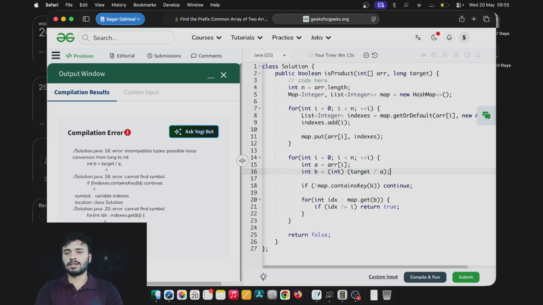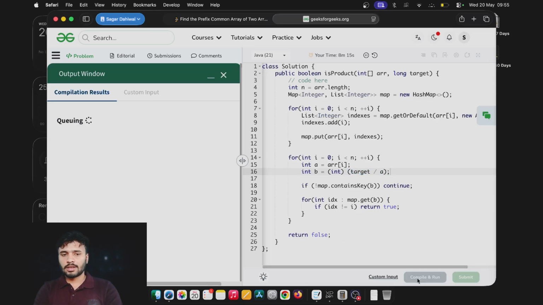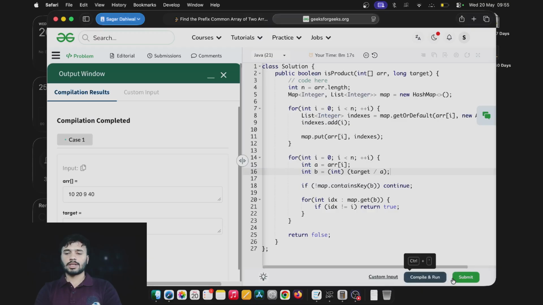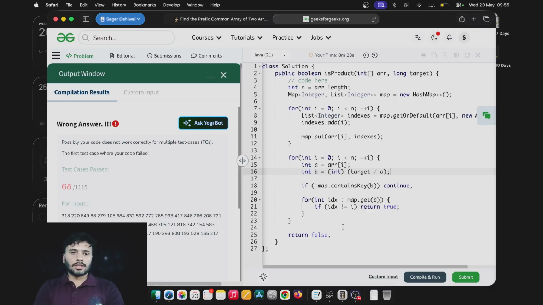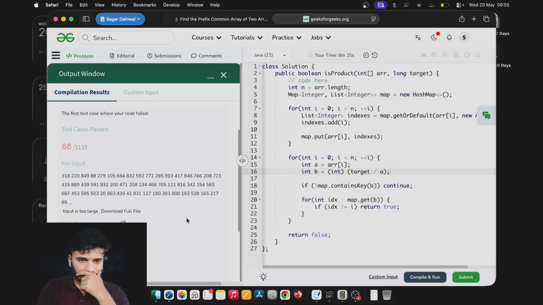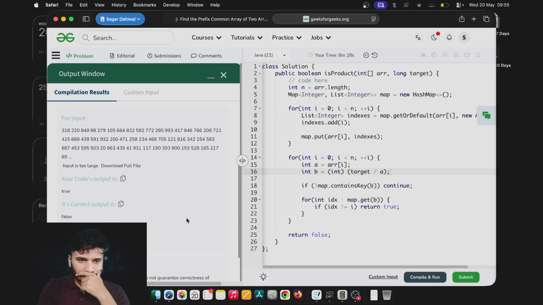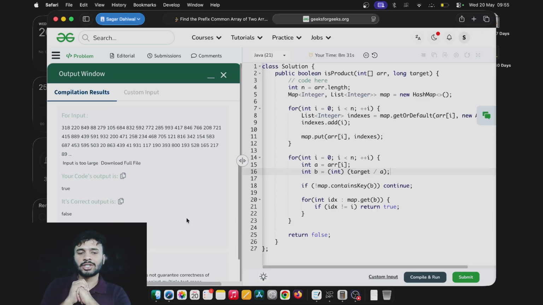After this, let's check. Pass. Let's submit. So it's failing somewhere. We are returning true, but actually it is not. Maybe something happened with the target. It might happen that the target is not present.